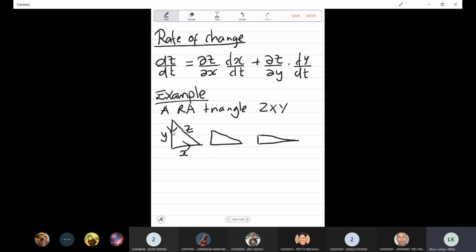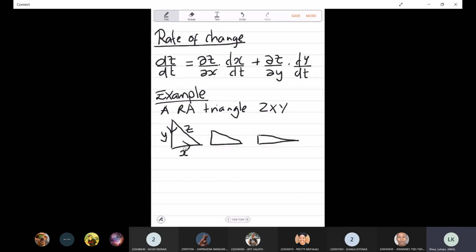Now what we want to do is to work out the rate at which the hypotenuse is changing, because obviously if x and y are changing, then z is changing here. There is a change that is happening in the hypotenuse when both of these are changing.